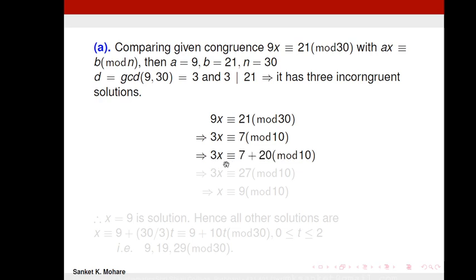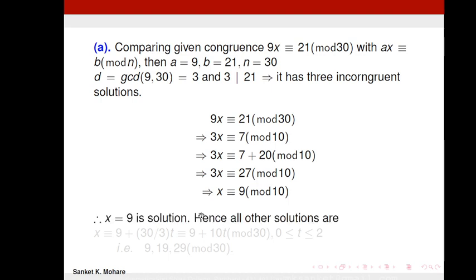So this implies 3x is congruent to 7 plus 2 times 10, that is 20. So 3x is congruent to 27 modulo 10. This implies x is congruent to 9 modulo 10. 3x is congruent to 27, so x is congruent to 27 upon 3, that is x is congruent to 9 modulo 10, dividing on both sides by 3. So therefore x equals 9 is a particular solution.